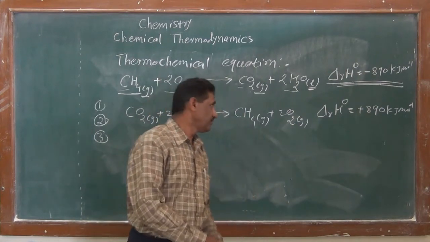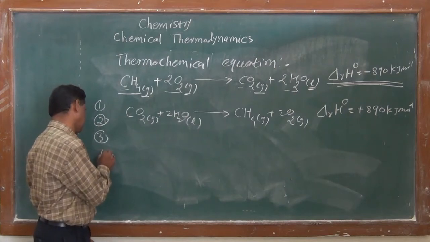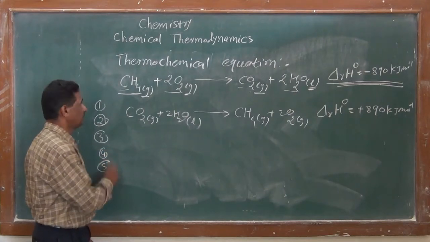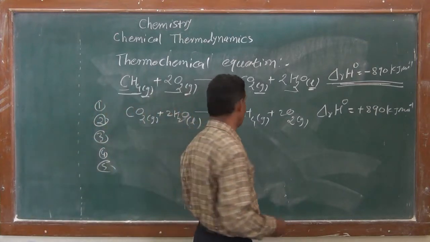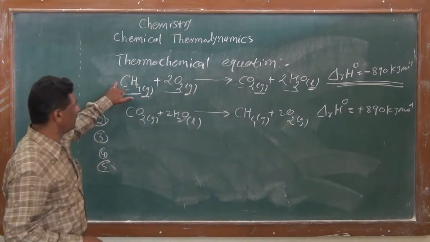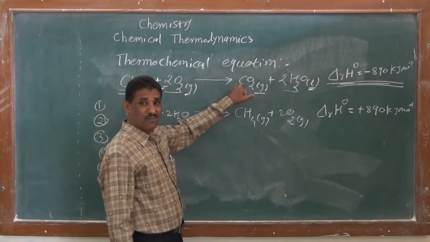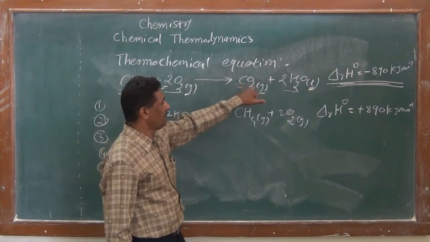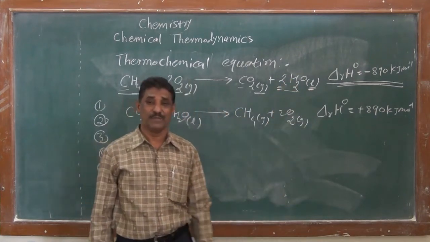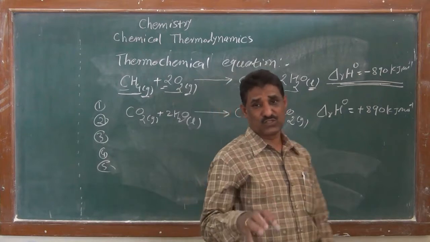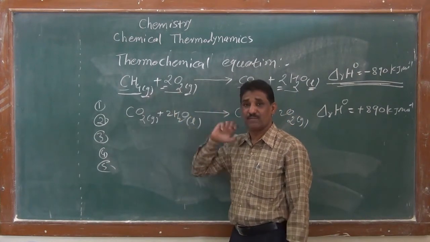And then the last point, the coefficients. Here is 1, here is a 2 coefficient, and here is no coefficient, so we consider 1, and here is 2. These coefficients show the number of moles of that particular compound.